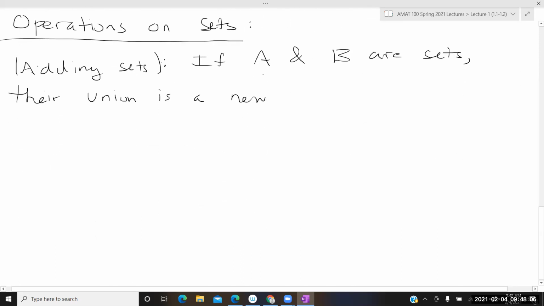You just take everything in A and everything in B, and you put it all together. But we can express that more concisely and precisely as this. So A union B, and we're defining it.